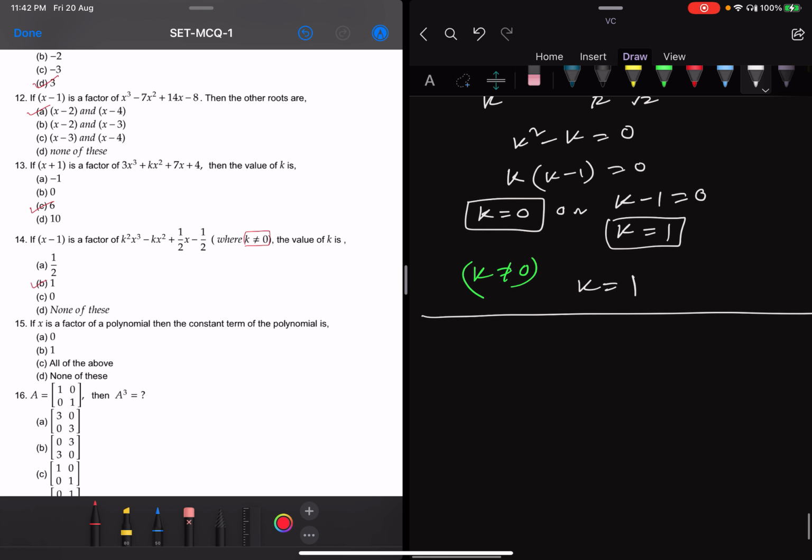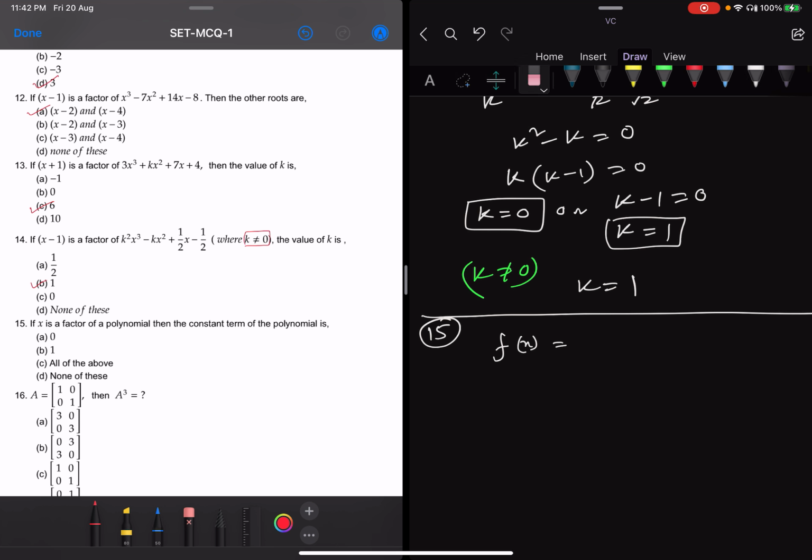Now, question number 15. If x is a factor of a polynomial, then the constant term of the polynomial is... Now x is a factor of f(x), say.